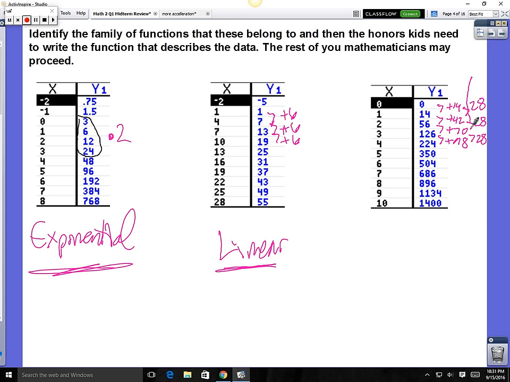Okay, this by definition is the quadratic. So the quadratics, as time goes on, they kind of get faster and faster. But the second change is constant. They're increasing 28, 28, 28, the second change. So that means it's quadratic.